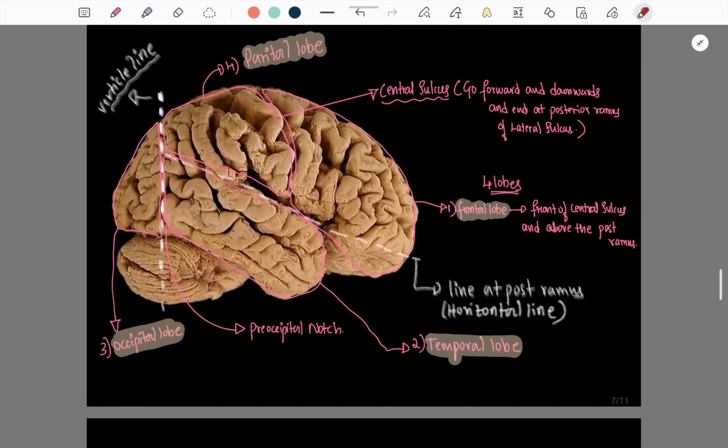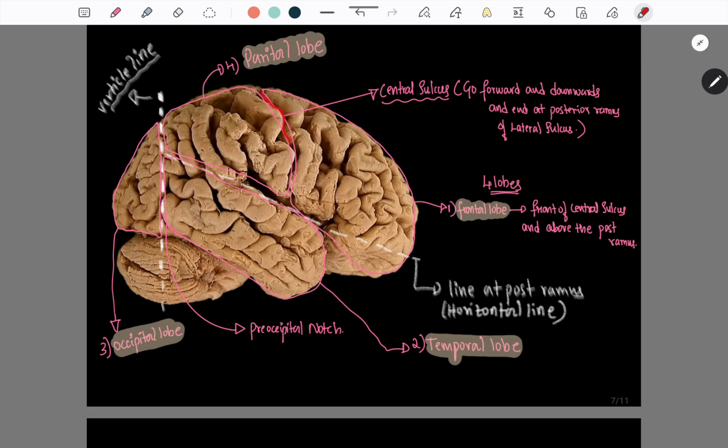Here there is a notch-like structure called the pre-occipital notch. Draw an imaginary vertical line at the pre-occipital notch, and a horizontal oblique line along the posterior ramus, and you can divide the supralateral surface into 4 lobes.